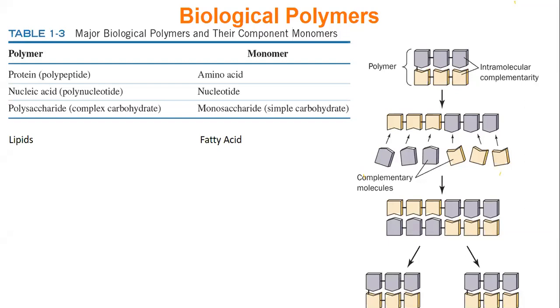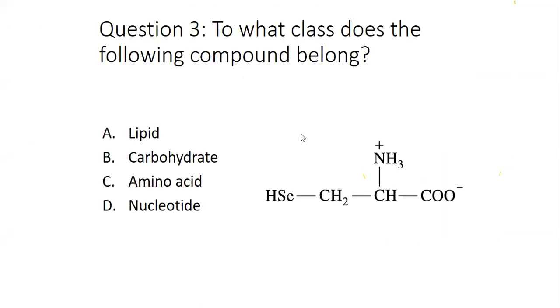But from chapter 1, what I want us to be able to recognize is, do we know the difference between these four monomers if we were able to look at them? Do you know what an amino acid versus a nucleotide versus a monosaccharide versus a fatty acid looks like? And so that's what we're going to do.